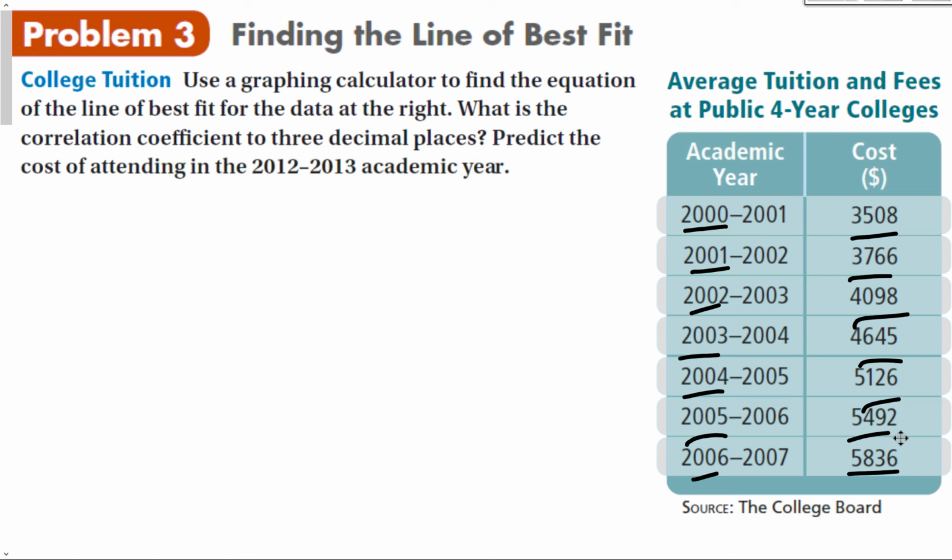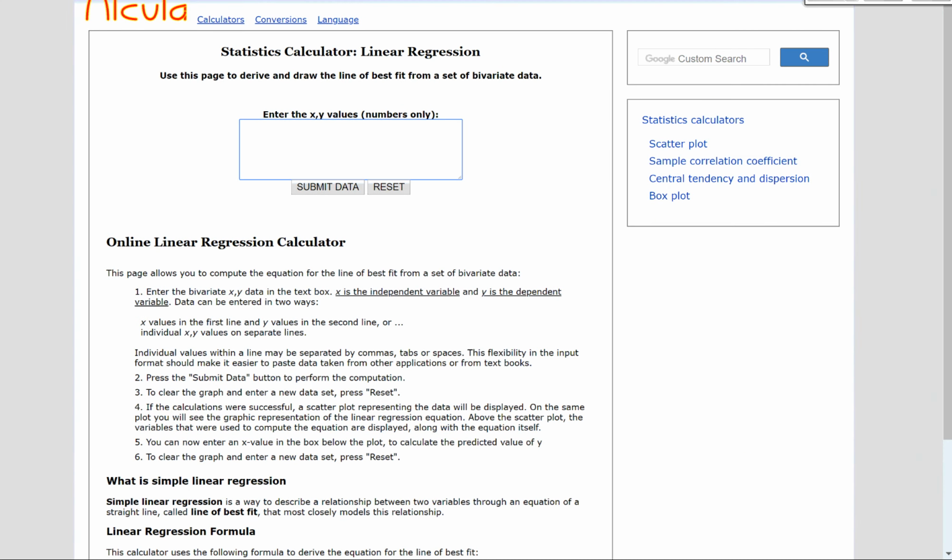So I'm just going to type these into my graphing calculator, and it says enter x comma y, numbers only.